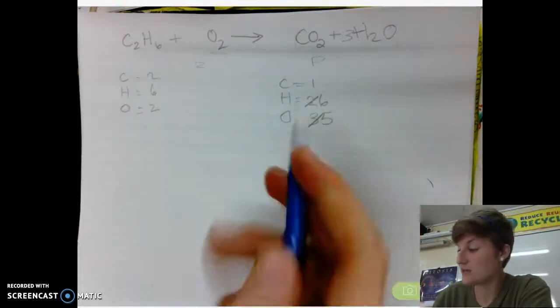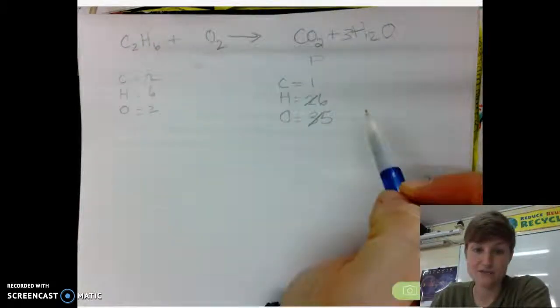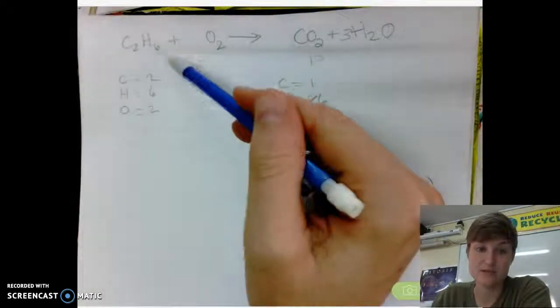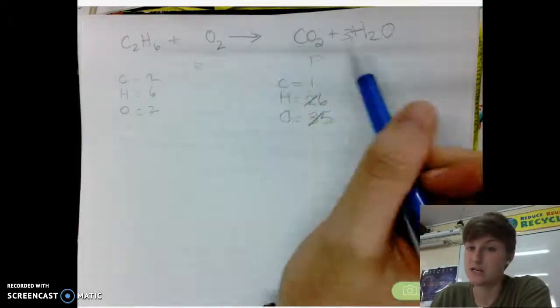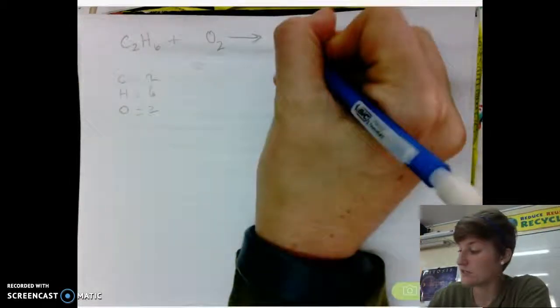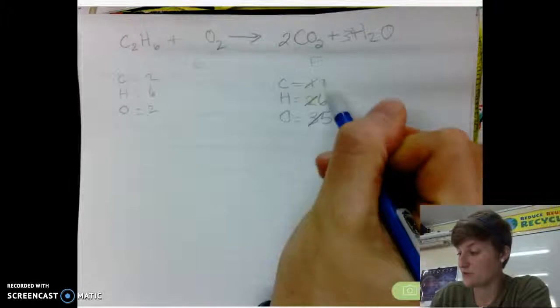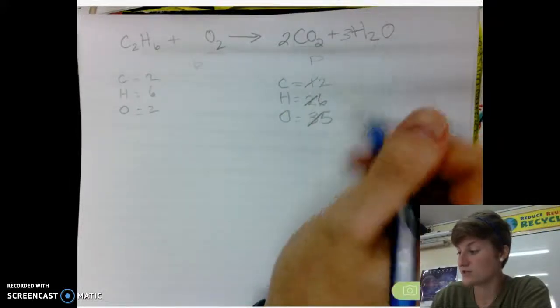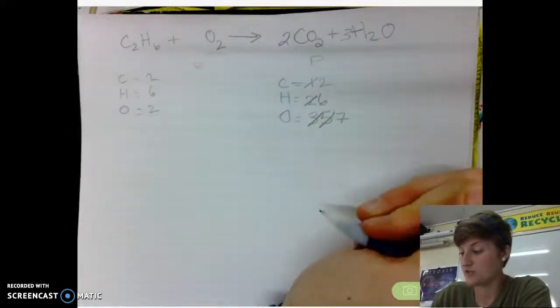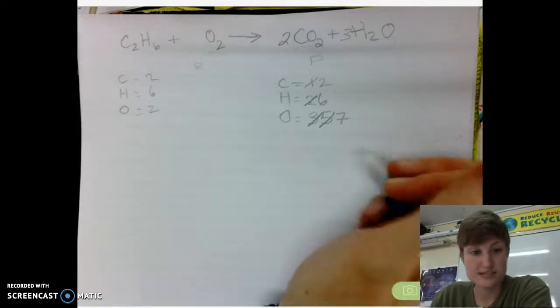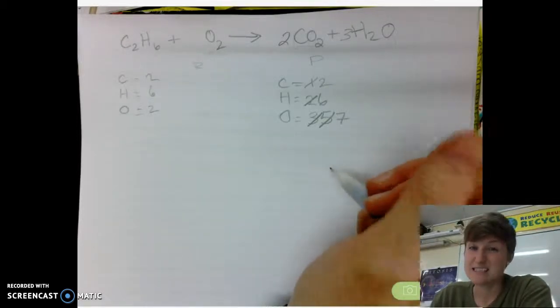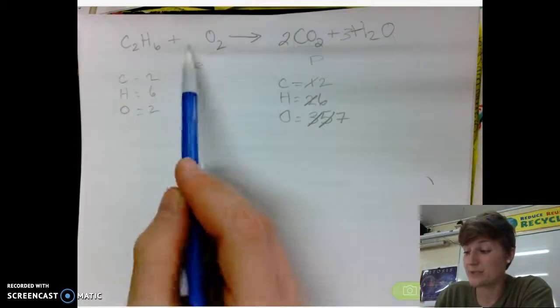So now, again, I don't have to do anything to this side because I want to get 2 carbons. So I'm going to put a 2 here, and now I have 2 carbons, 4 plus 3, 7 oxygens. Our 2, our 6, everything looks happy except for oxygen. We cannot put decimal points.